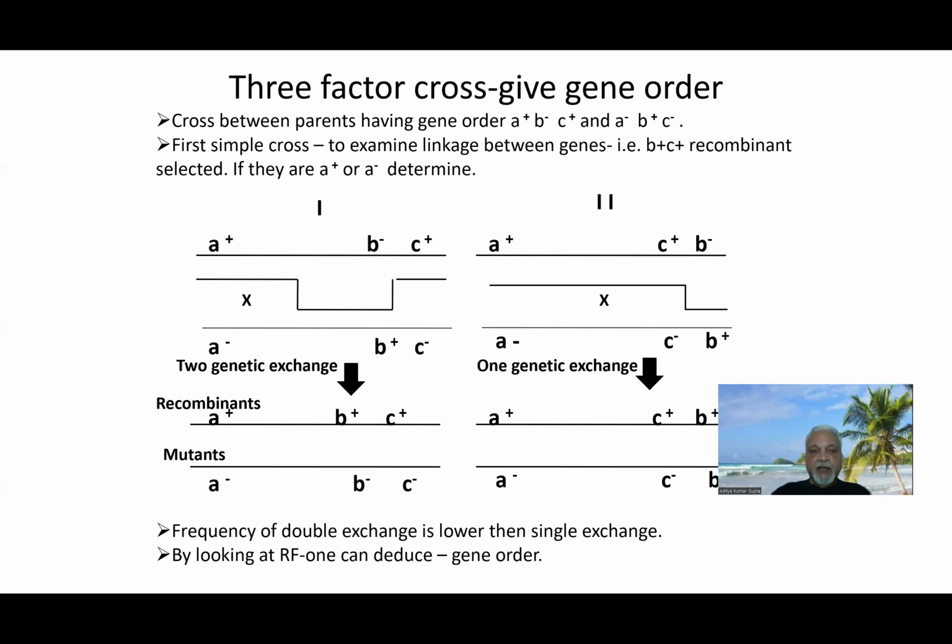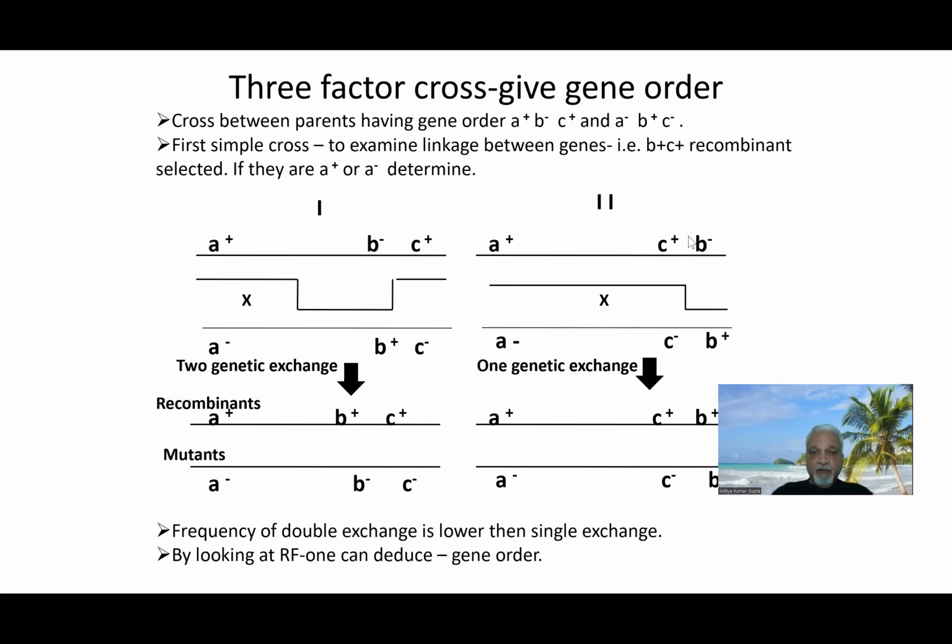Simple. Now, if you look at these arrangements, you see that B and C are sitting close to each other, and A is far apart. Similarly here, this is the replica of that basically.